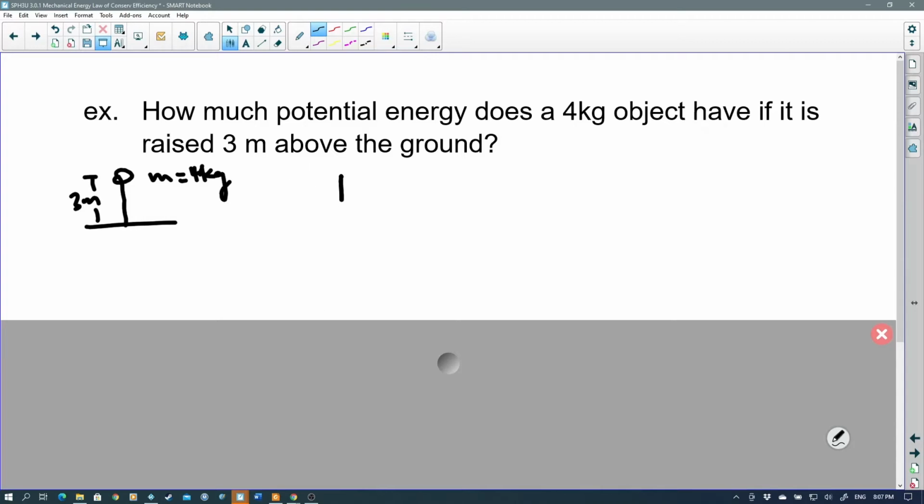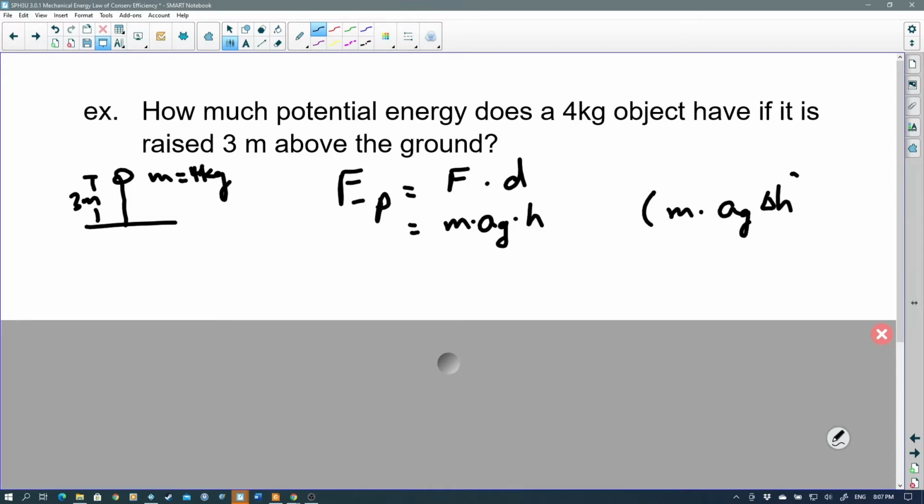We know that the potential energy is equal to the force times the displacement, or we can just write mgh. Now, another thing in certain textbooks is they will write it as mgΔh. The delta just means the change in height.